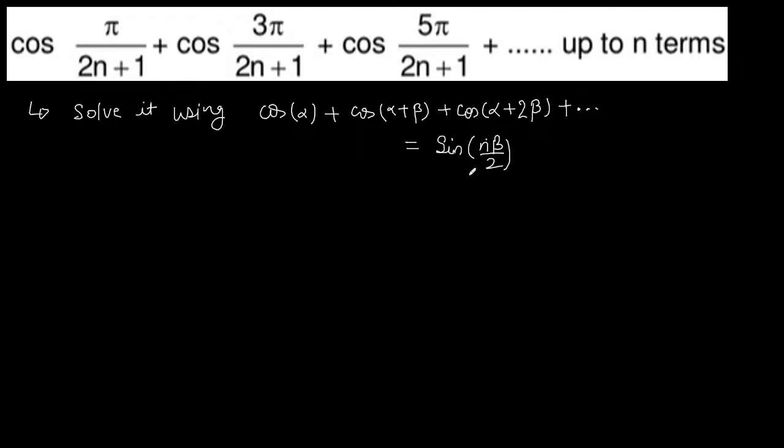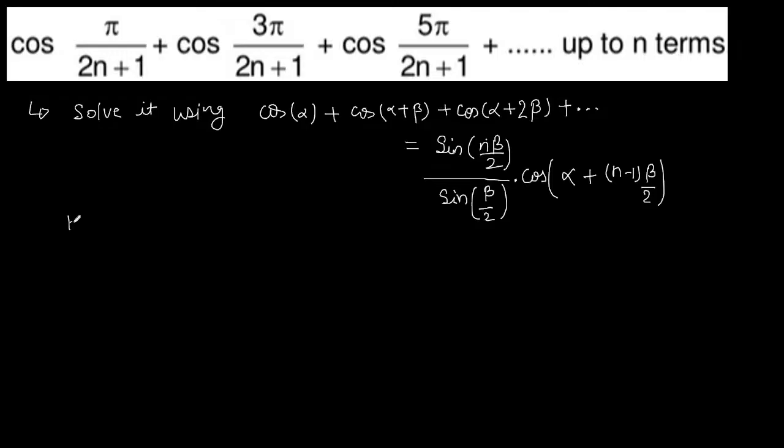In this case you don't have to find n because we are already told the total number of terms is n. So sine beta by 2 times cos alpha plus n minus 1 beta by 2.